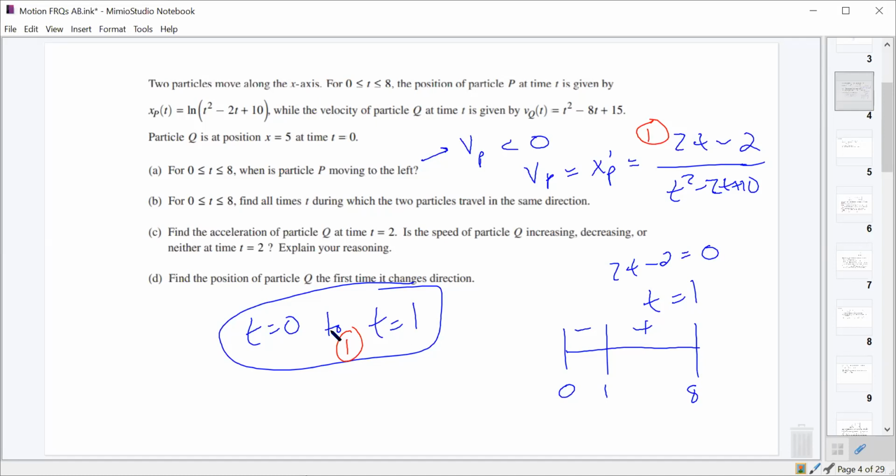Is that interval inclusive? We wouldn't include it at 1 for sure, because we know that the velocity is 0 at t equals 1. For the left end, would it be greater than or equal to 0? Yeah, you could include it there.